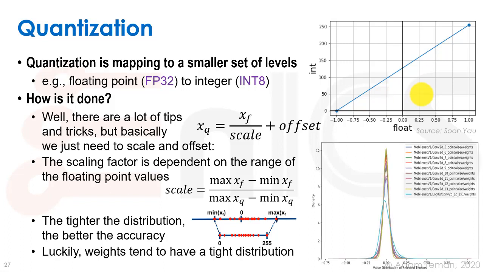And luckily, a lot of neural networks have this type of distribution, so we can clip our minimum and maximum floating point level at some points, like here and here, and say we take any outliers to be the minimum and maximum value, but we have all our 254, say, int8 levels left representing the numbers over here. So it gives us a tight distribution around where most of our real values actually sit.